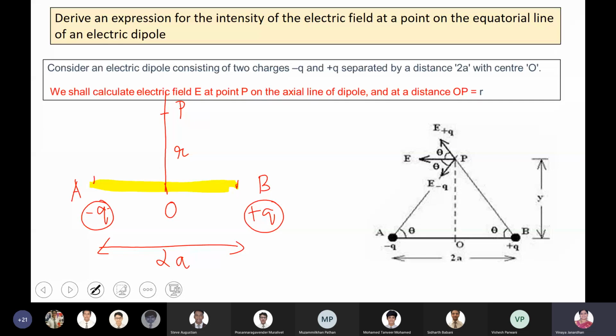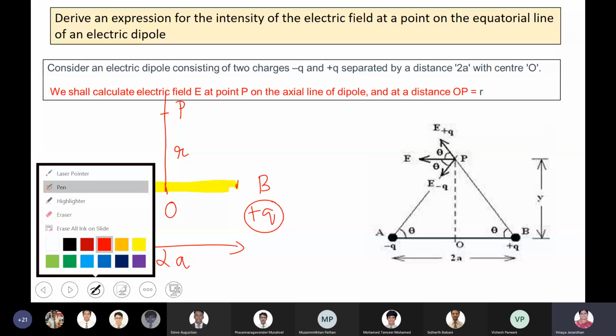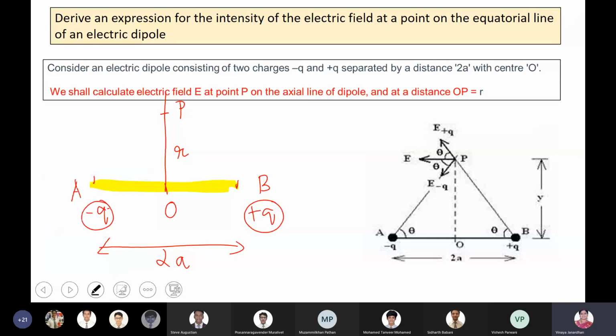Are you clear? Now we have to find the strength of the electric field at point P, first due to the charge minus Q. So what should I do? I have to place a charge of 1 coulomb over here.